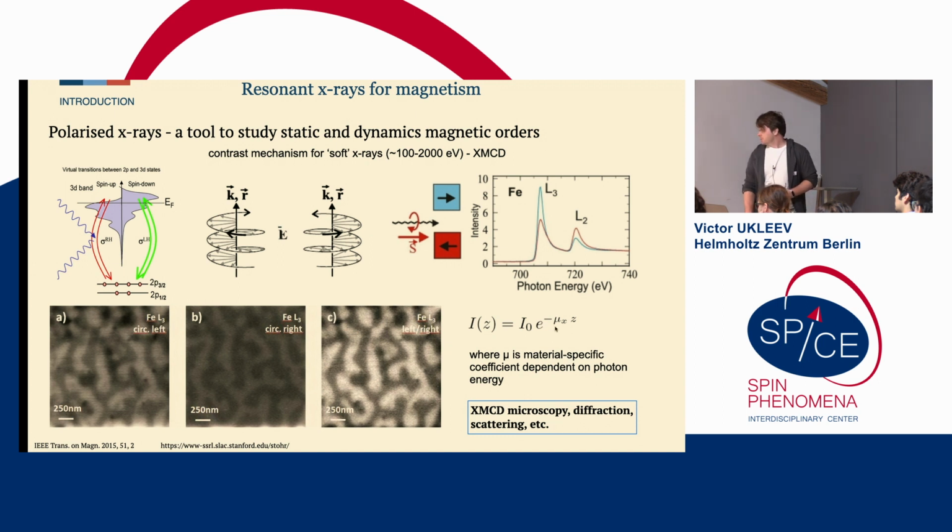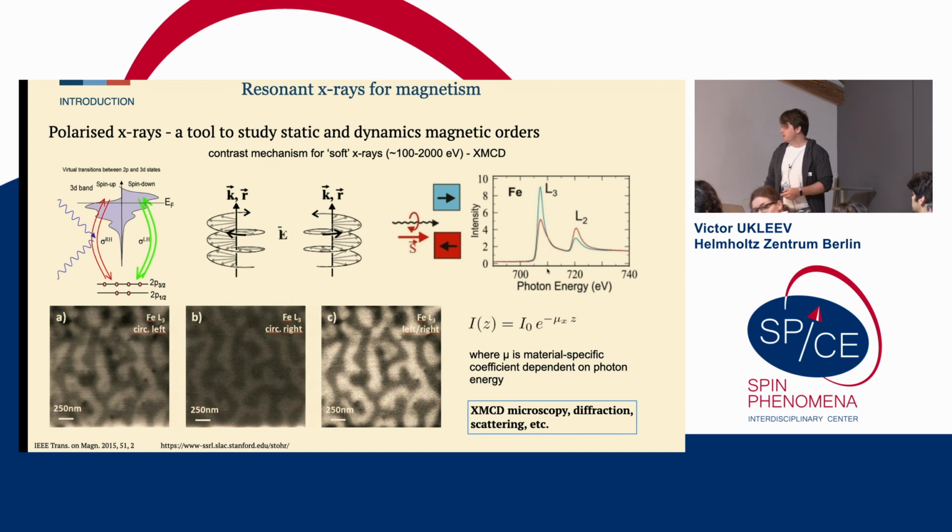This absorption coefficient is basically exponential and depends on your material, on its magnetization, and you also have the thickness in this exponent, which is important because here we are talking about the so-called soft X-ray regime, with photons lying in the region of a few hundred electron volts, which corresponds to a few nanometers in real space.